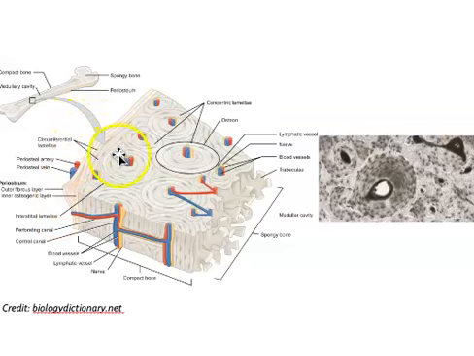And then as we come inward, we hit compact bone. If we kept going inward, we would hit spongy bone. And depending on where we were on the length of the long bone, we might even hit medullary cavity in here. Now, when you look at the compact bone, you can see these circular structures. These circular structures are the osteons.